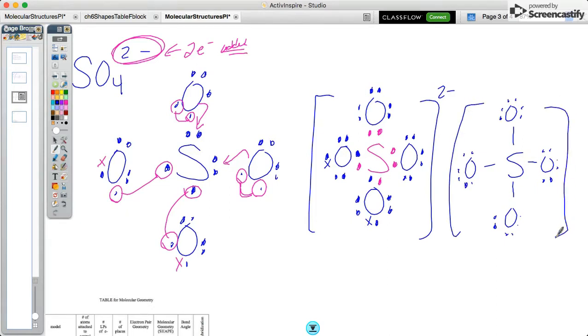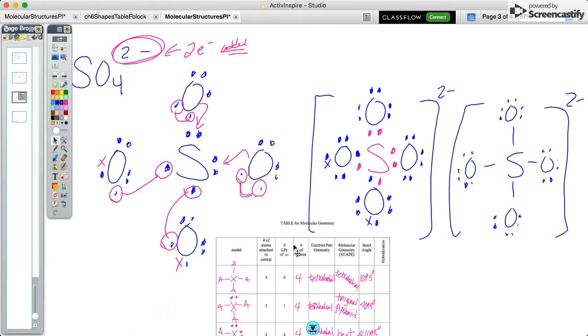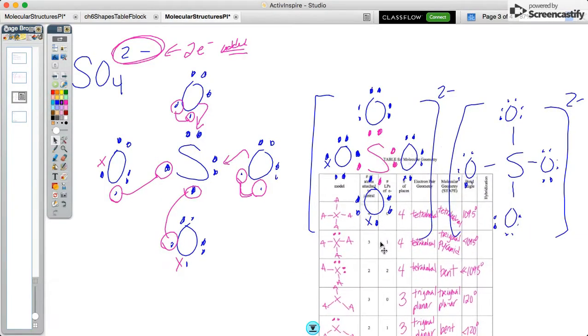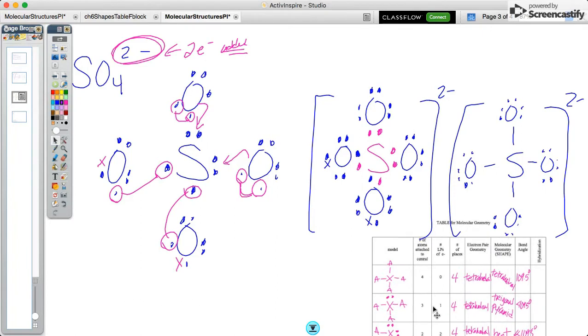Brackets and a 2- charge. And again, I can see that I've got that tetrahedral structure, XAAA, and I would say that it's tetrahedral for electron pair geometry, and tetrahedral for molecular geometry, and 109.5 for the bond angle.